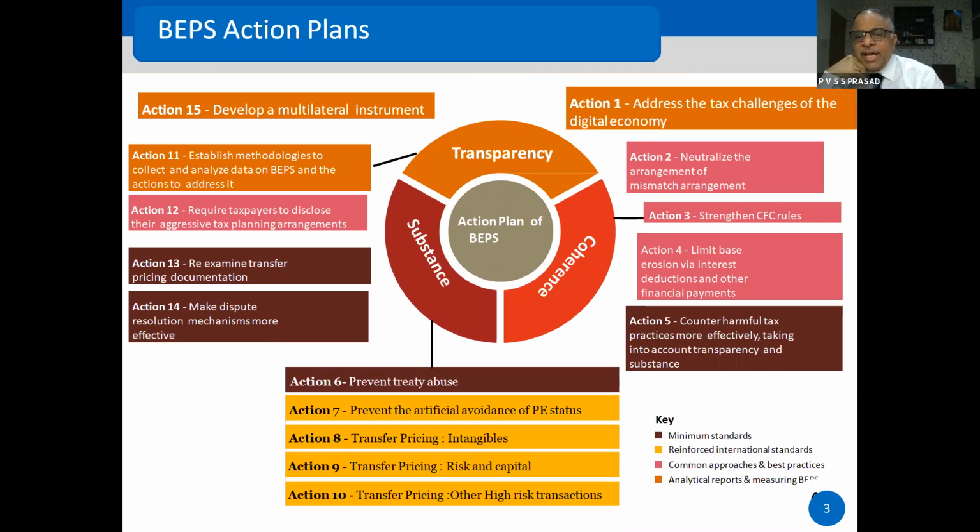That is how Action 4 is now implemented in India by bringing in 94B as an interest limitation provision. That means if an Indian company has non-resident investors, that is, the associated enterprise outside, and they have infused more debt and little equity, whatever interest they collect from the Indian company would be a charge here, and it would reduce the taxable profit.